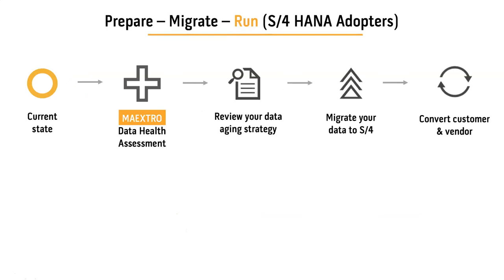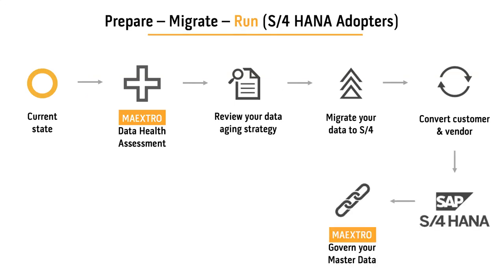You will need to do a conversion of customer and vendor into business partners. Once you're on S/4HANA, you carry the same processes across. So you govern your master data, because again, what we see with a lot of people is they do a lot of effort in cleaning up data, they move to S/4HANA, and then data starts getting in a mess again. So you need Maestro there, whether you're ECC or S/4, to help you with your ongoing governance of data.